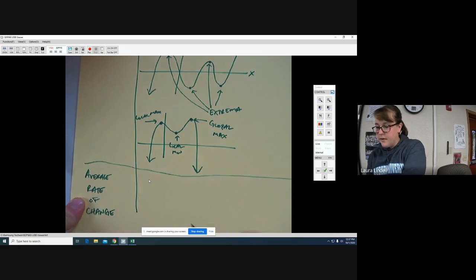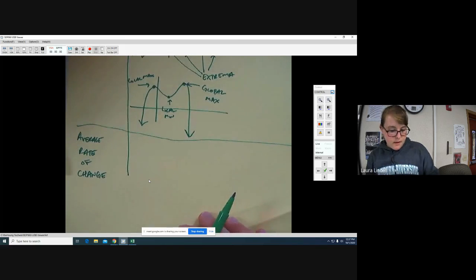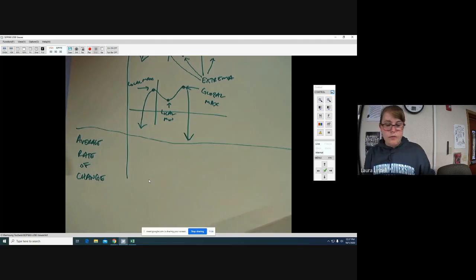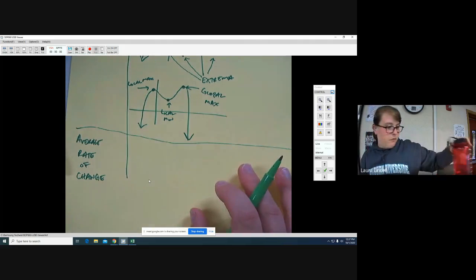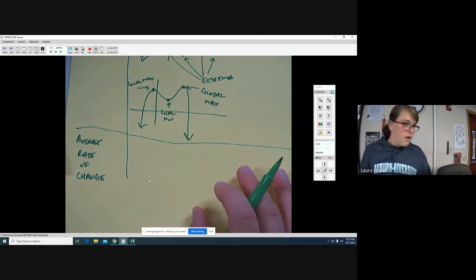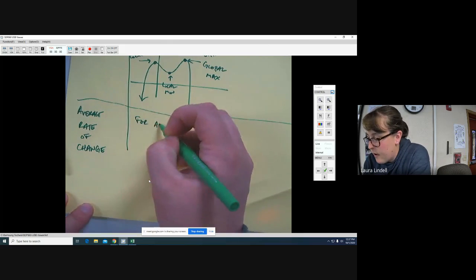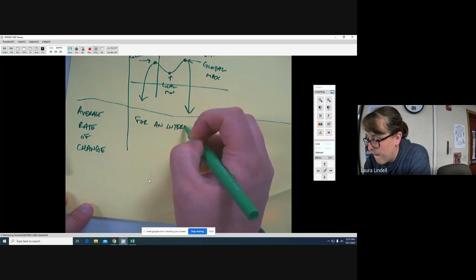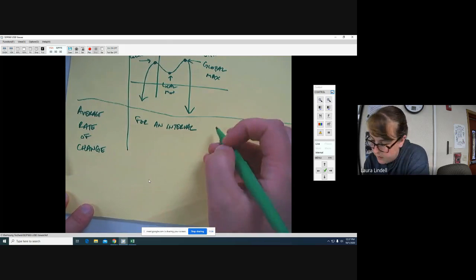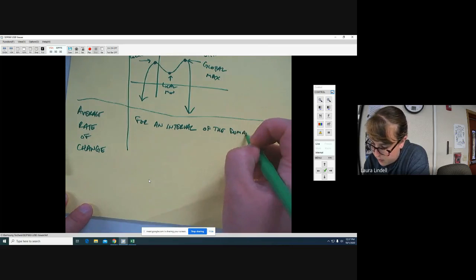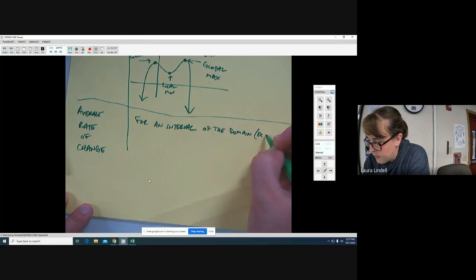Average rate of change. So new topic. All right. So I'm going to kind of write out the definition here and move the water bottle out of the way. So it's stated as for an interval of the domain. So for example, if we had the interval 3, 5 or something like that.